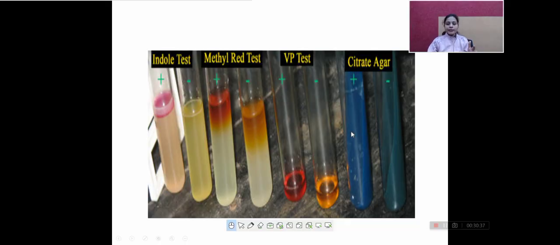So a blue color is a positive result. So these are the combination of these four types of tests, right? Remember this, and this is mainly used for the family of Enterobacteriaceae.